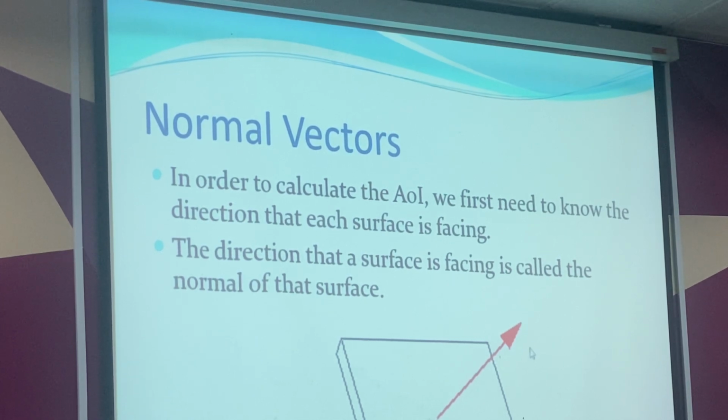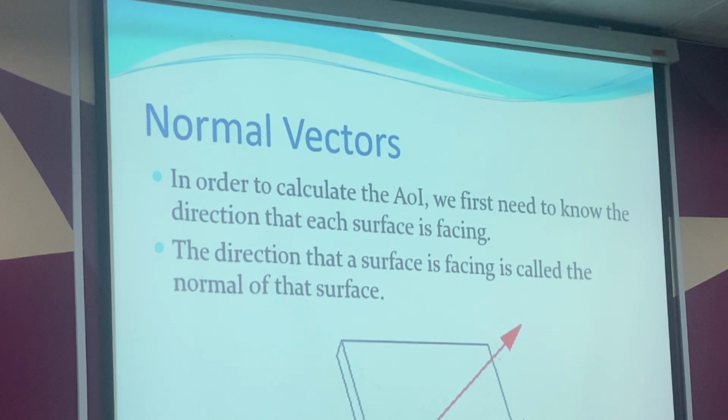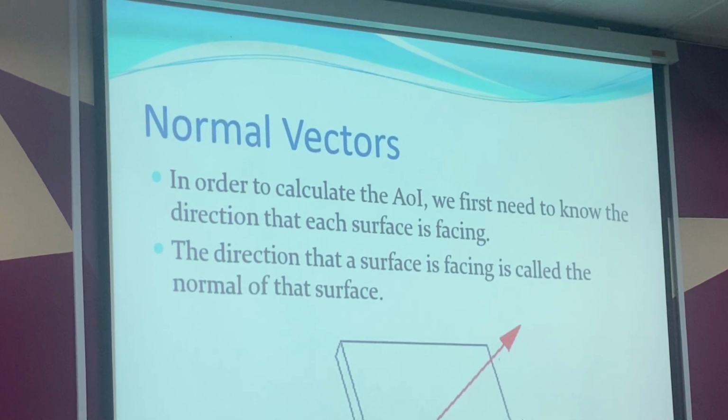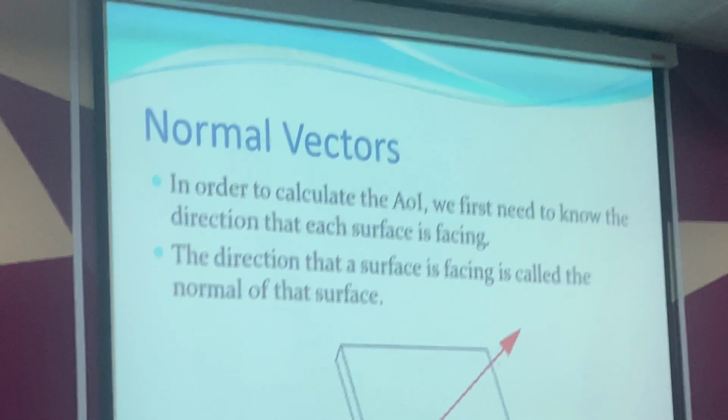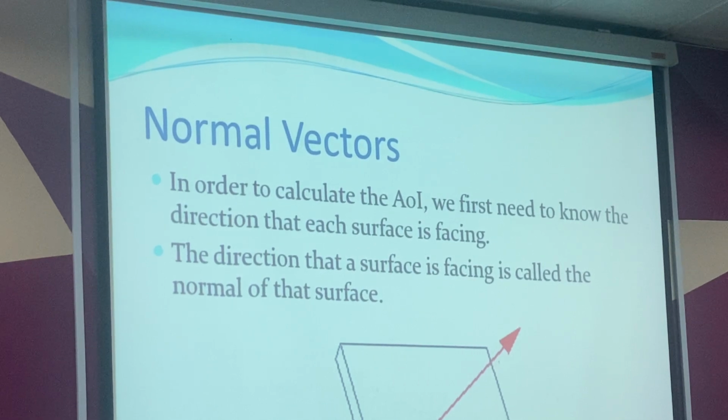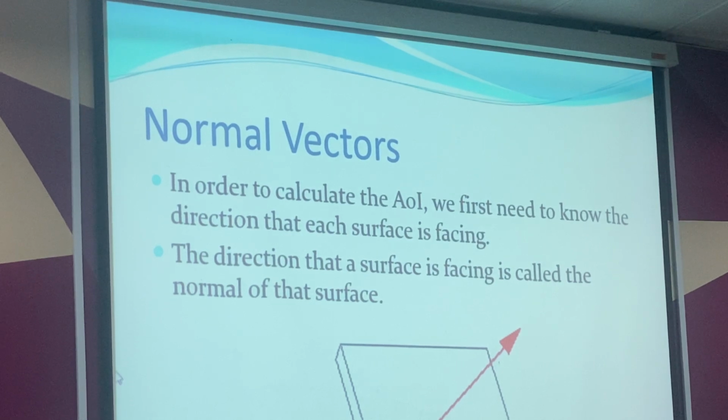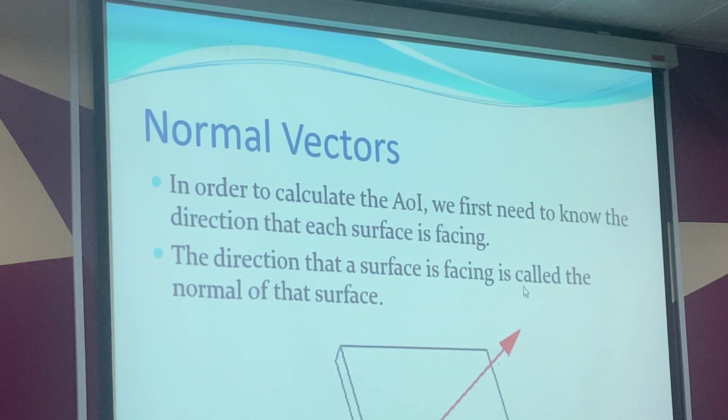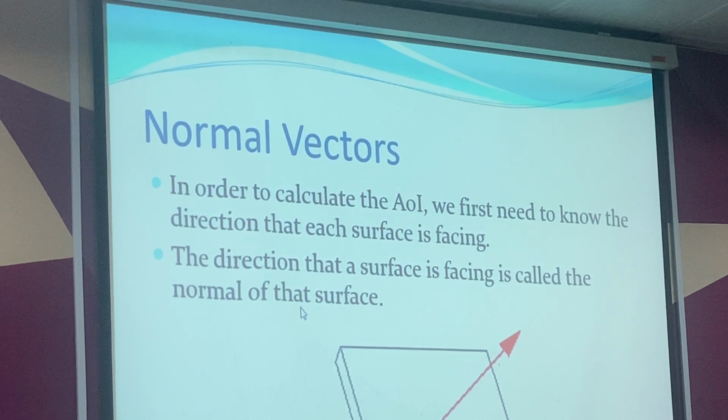If your surface normal is facing the light source, your light source is here, definitely this face will look bright. If your surface normal, like the one at the back, is facing another side, and your light source is on this side, definitely that one will look dark. So the direction that the surface is facing, we call it the normal of the surface.